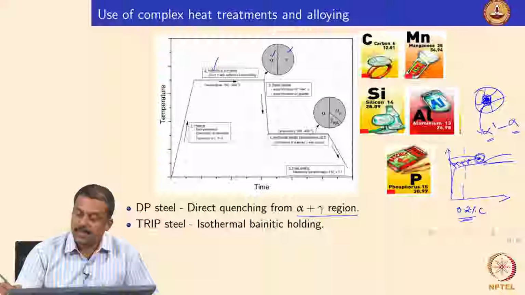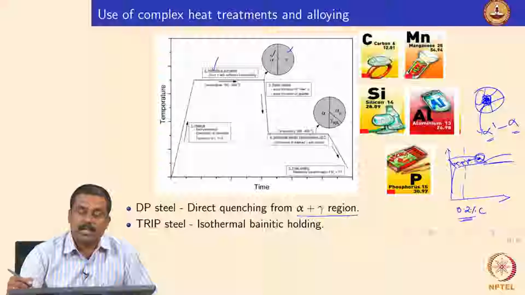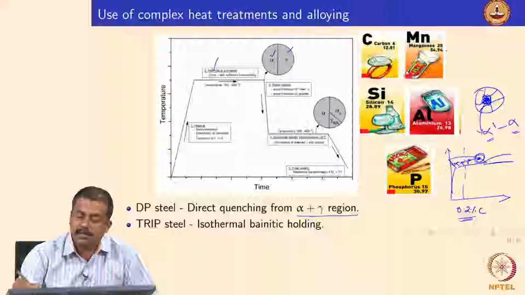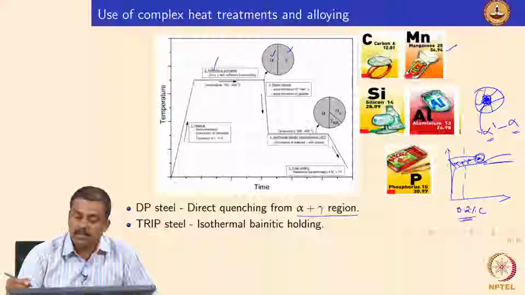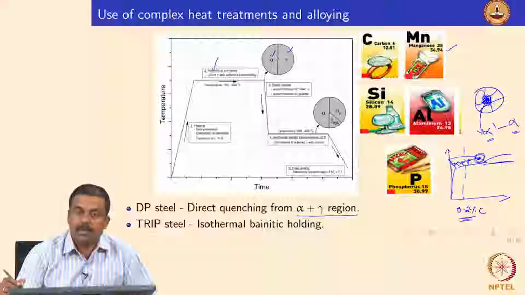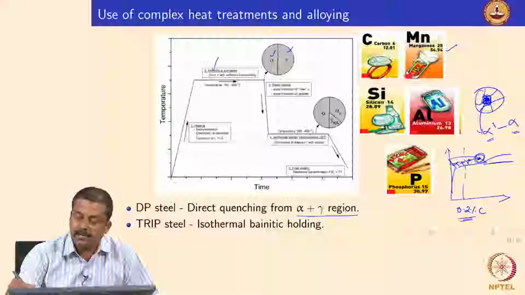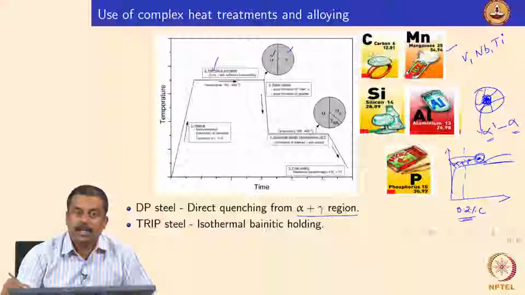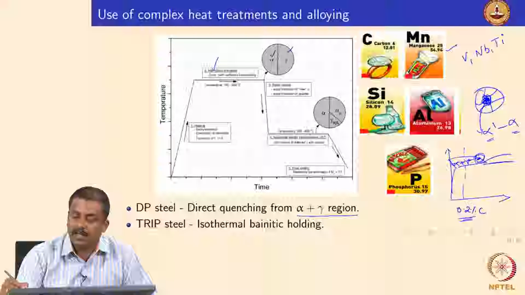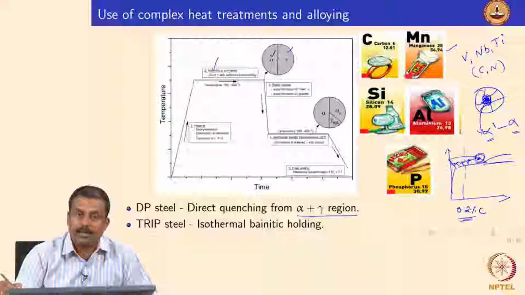Apart from the carbon effect, we also add other alloying elements, for example manganese, to increase the solid solution strengthening of ferrite as well as martensite. Sometimes we also add microalloying additions, for example vanadium, niobium and titanium. These combine with carbon and nitrogen to form vanadium, niobium and titanium carbonitrides.